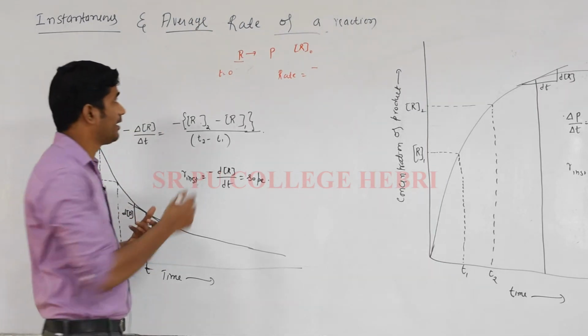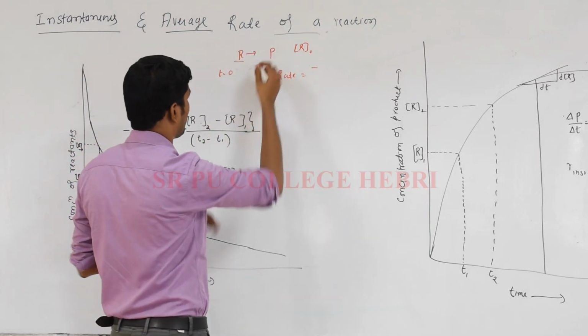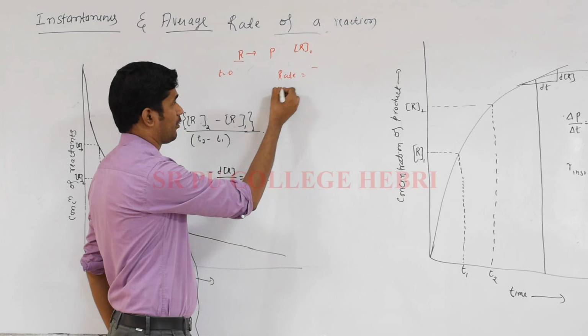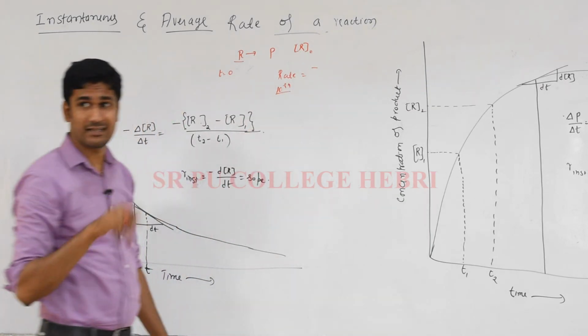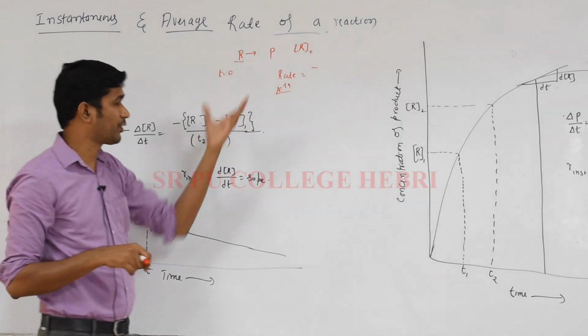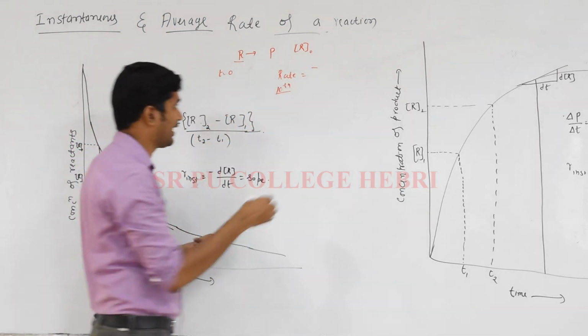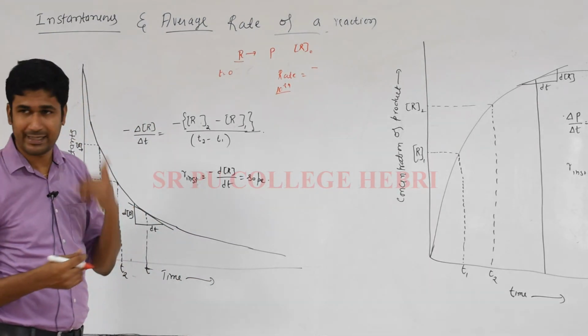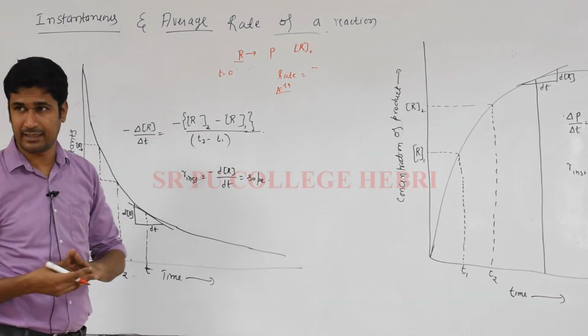For example, for the same reaction, if you want to calculate the rate at the 10th second, it becomes the instantaneous rate at that particular instant of time. Or if you want to measure the rate of the reaction at 1 millisecond, or at the 10th minute or 20th minute, that is instantaneous.